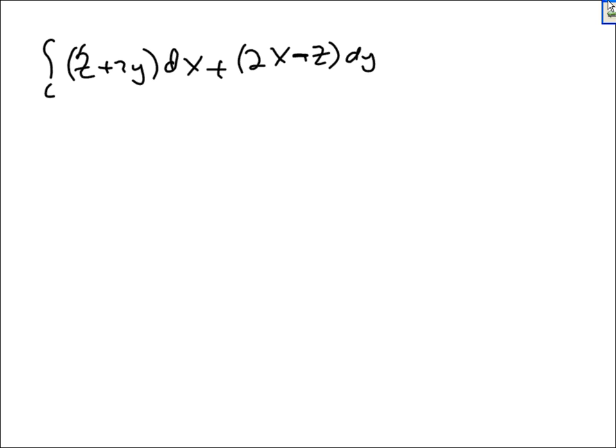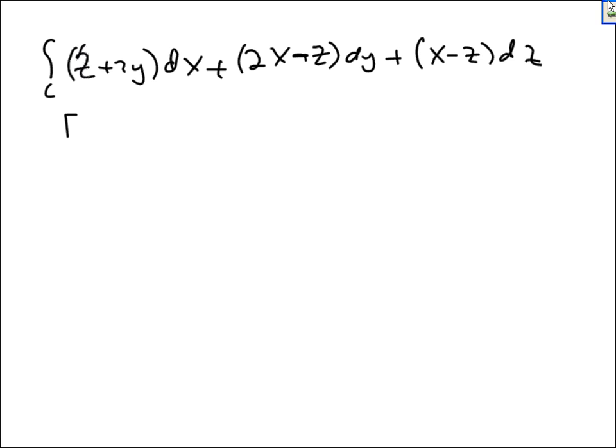Now, what if you have this problem? One more. Integral of z plus 2y dx plus 2x minus z dy plus x minus z dz.